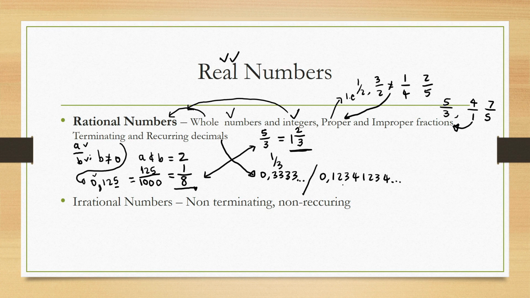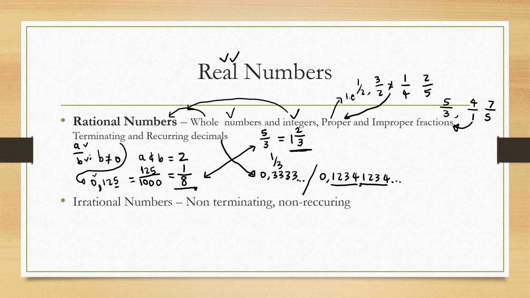We've got 1, 2, 3, 4, and then after 1, 2, 3, 4, another 1, 2, 3, 4 starts. Because there are patterns after the comma, this also falls under recurring decimals. It's non-terminating, but it's recurring.